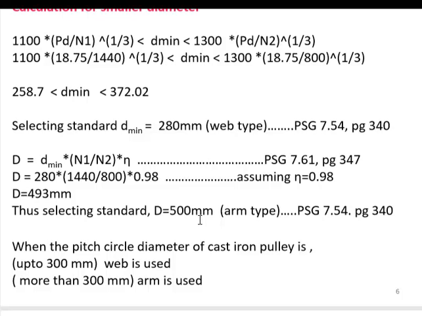Now the similar concept we also use in the gear design, where we have arm type of gear and web type of gear, and that also holds this 300 benchmark. If the value is more than 300, we can say it is arm type, or if it is less, we can come to the conclusion that it is web type.